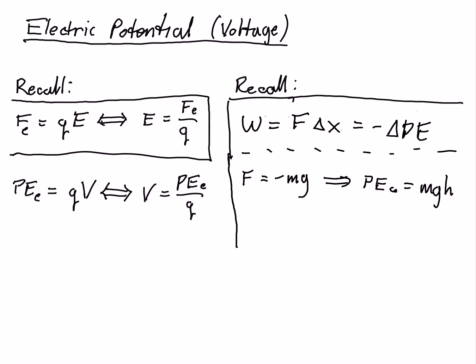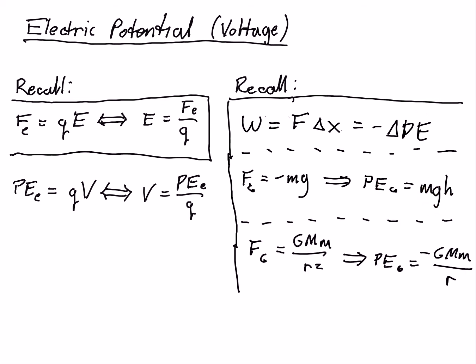Recall also the examples we did of work and potential energy. Specifically, the force due to gravity near the Earth's surface is just a constant, minus mg, and this implied that the potential energy due to gravity was mgh.